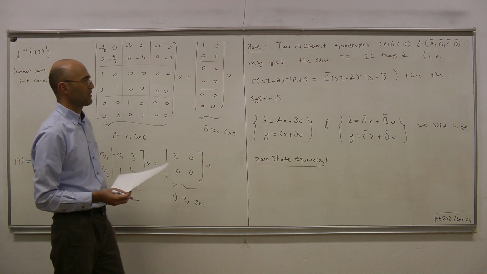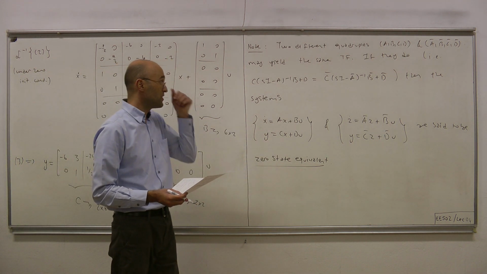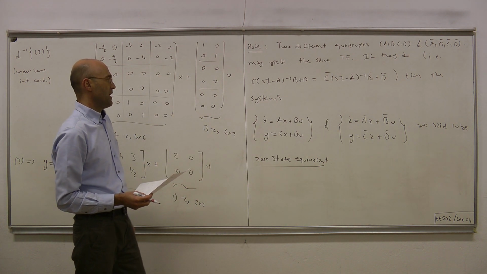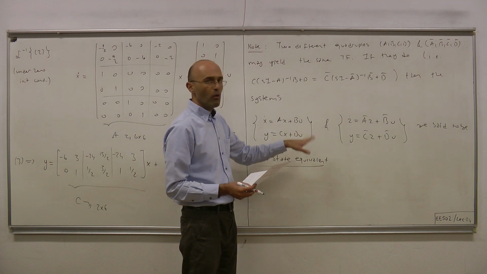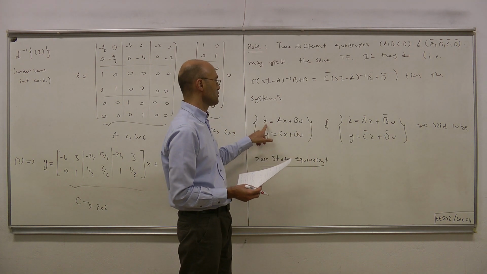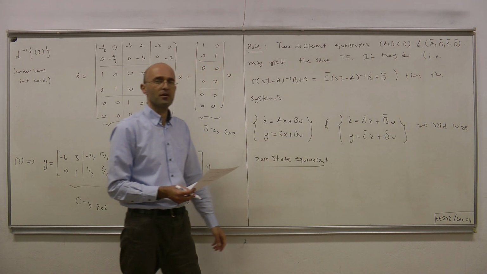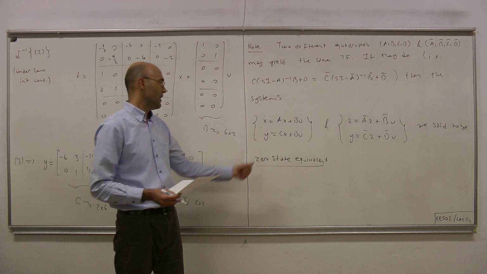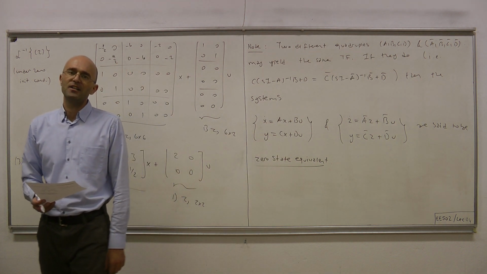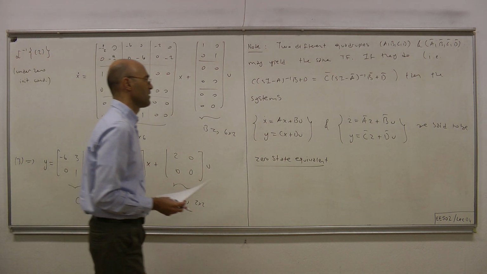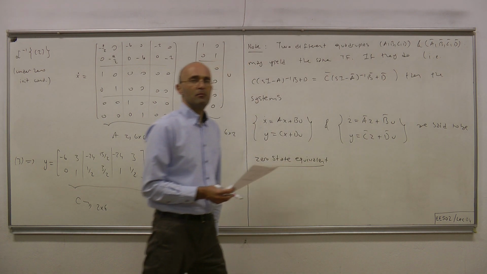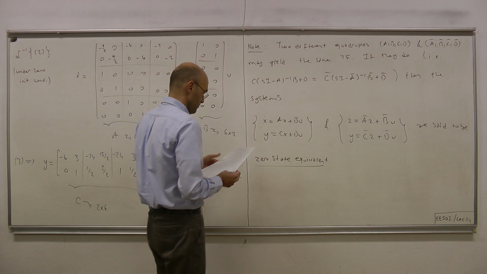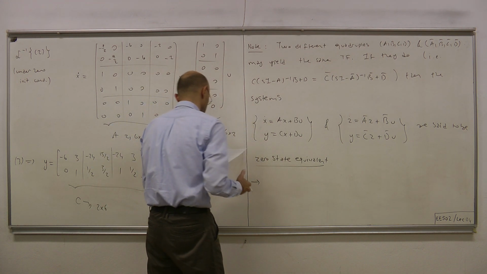So that means, our interpretation of that is, since they have the same transfer function, that for both of those systems, you set the initial conditions to 0, x0 equals 0, z0 equals 0. And then excite both systems with the same input, and at the output, you should see the same response. Okay? No matter what the input is. So such pairs are called zero-state equivalent pairs. Okay, so let's write them down.